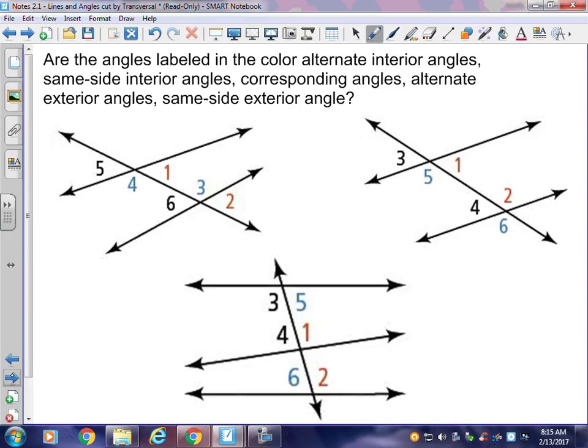All right, so here in this lesson, they're color-coded, but on your copy they're not. So you need to mark them with your colored pencils, mark the blue angles and mark your red angles with those colors, and then try to name them based on which one of these they might be.